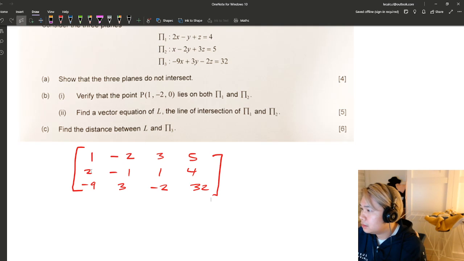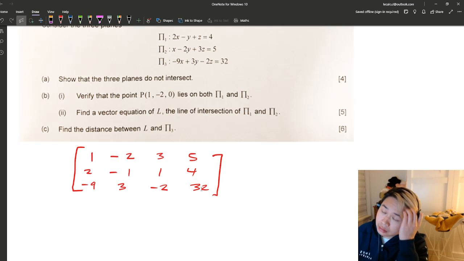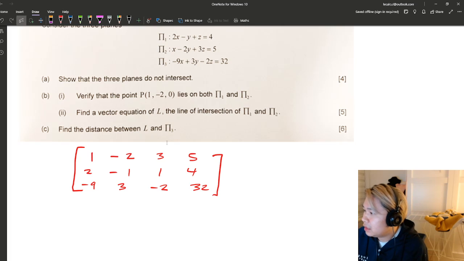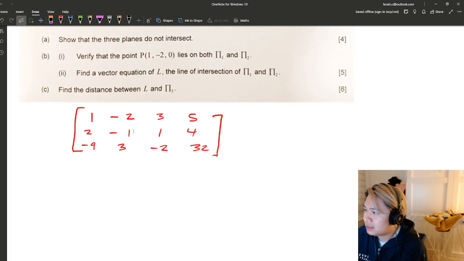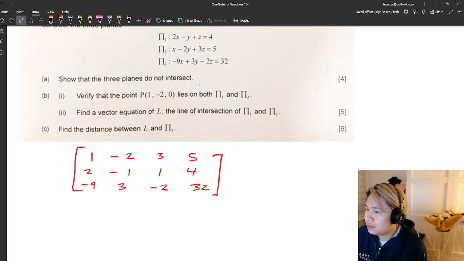Okay, so we have 1, -2, 3, and 5. That's the second plane. And then the first plane is 2, -1, 1, 4. Third plane is -9, 3, -2, 32. We're going to reduce this, and eventually you'll see it's an inconsistent system, which means that the planes do not all intersect.